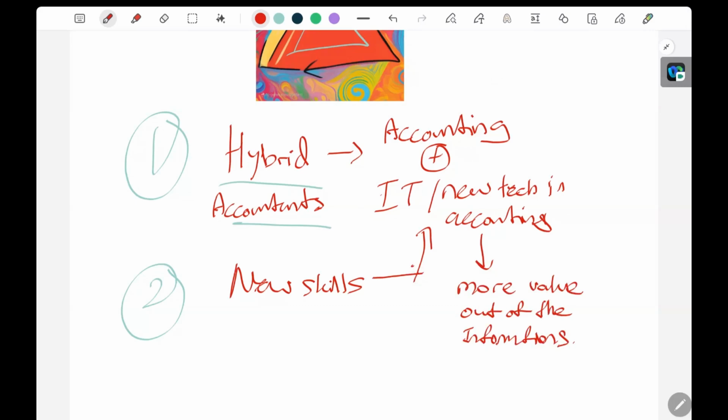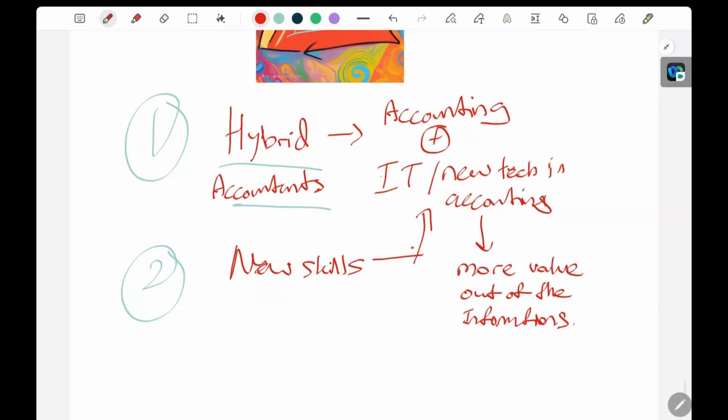From this, you will have to attain new skills in terms of using different systems. Analyzing, which is the data analytics, right? You've got the four types of data analytics.